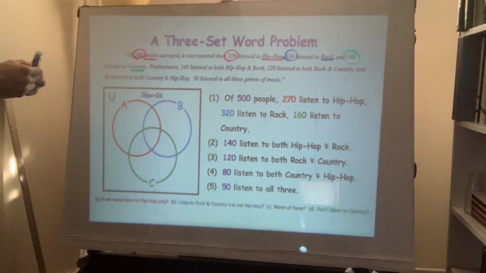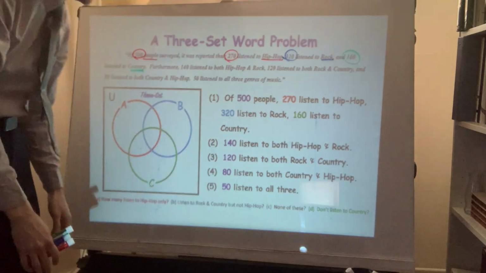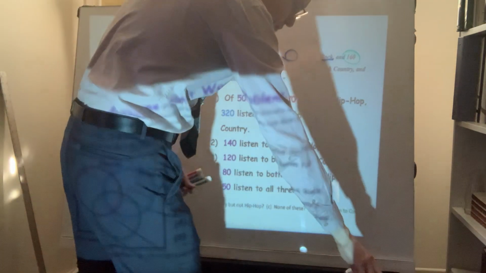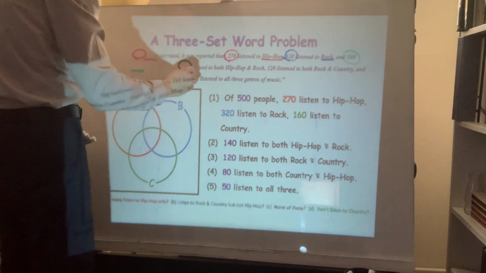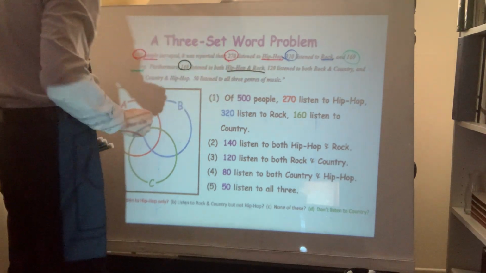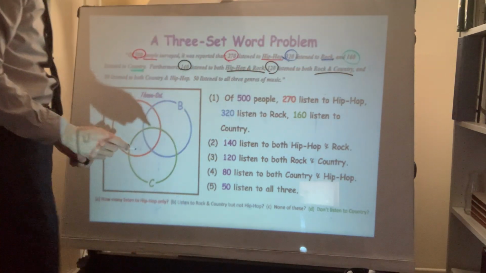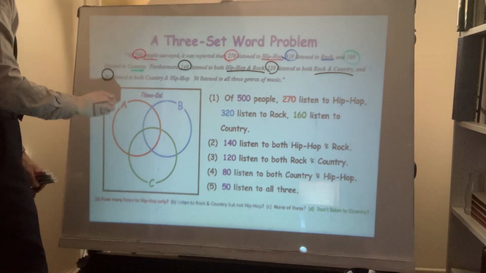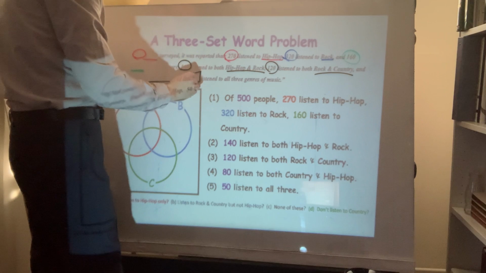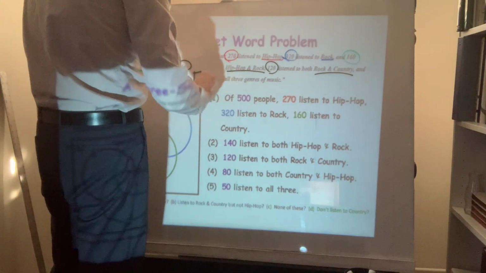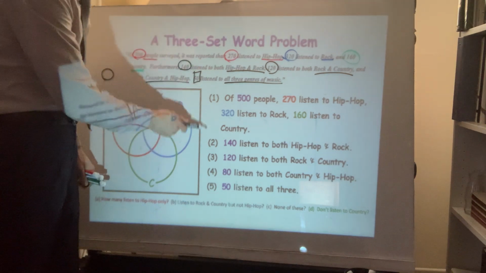Then it goes on to give you some cross-genre people: 140 listen to hip hop and rock, 120 listen to both rock and country, and 80 listen to country and hip hop. Then there's this other category: 50 listen to all three genres of music. That information is essentially listed here.